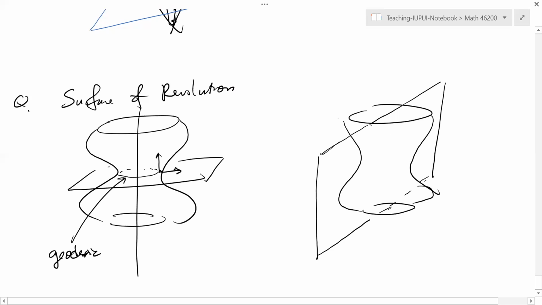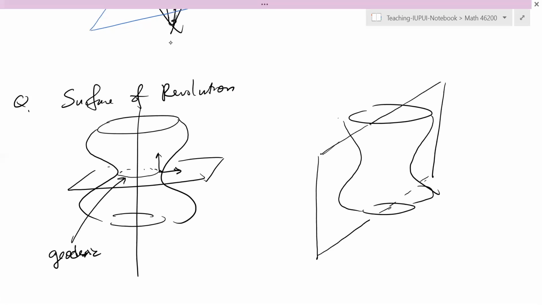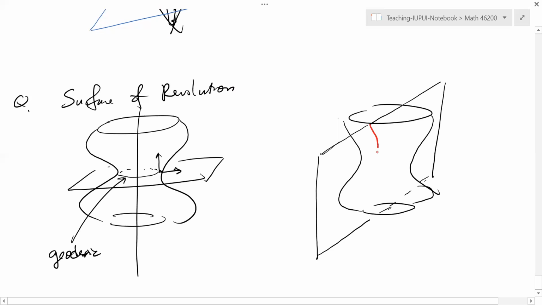Cut through, right? So what I got here is a curve. I'm going to use a red line. This is the diameter, okay? This is the center.